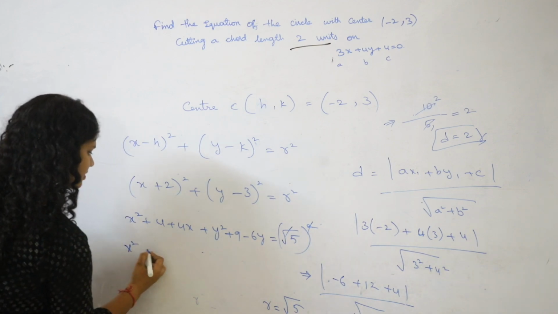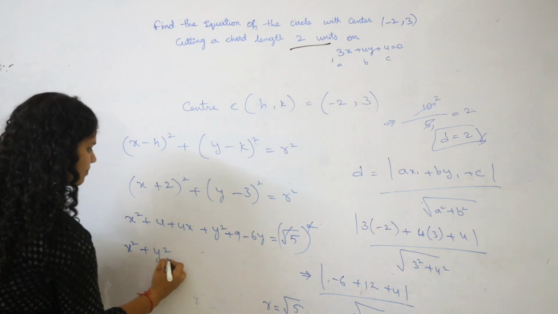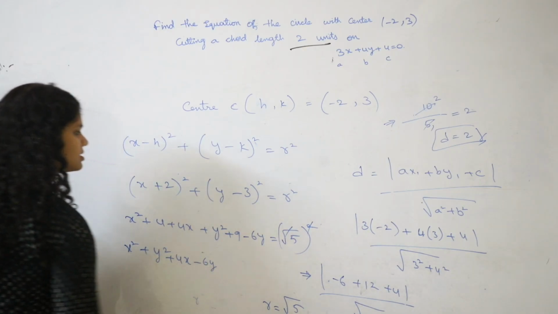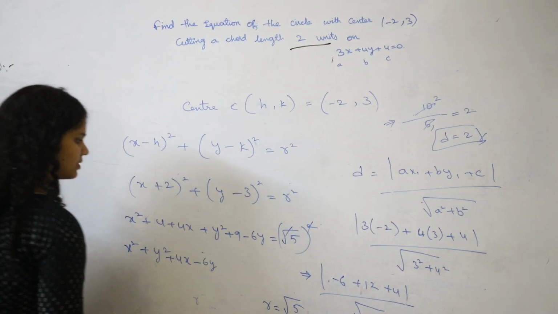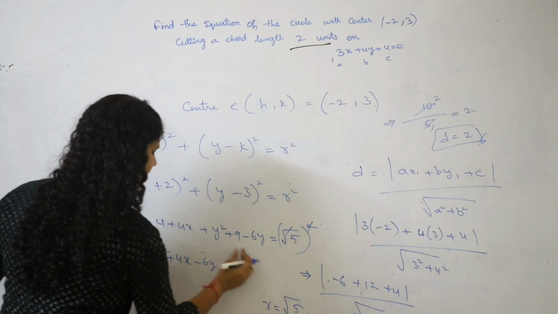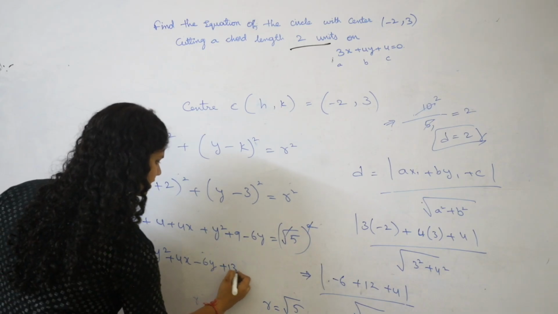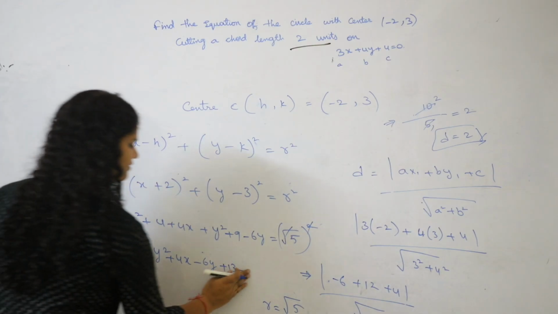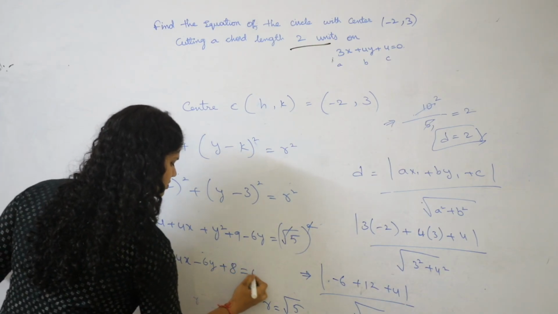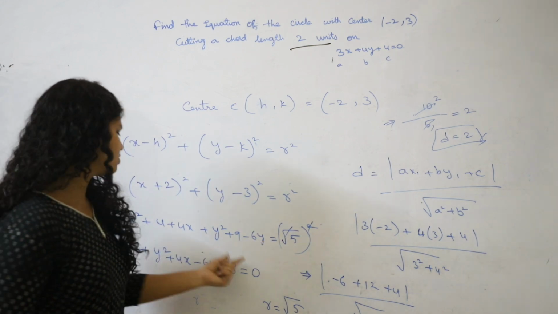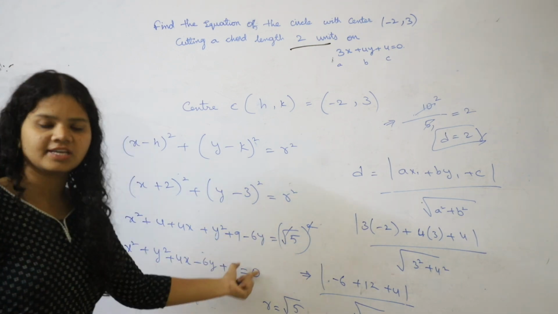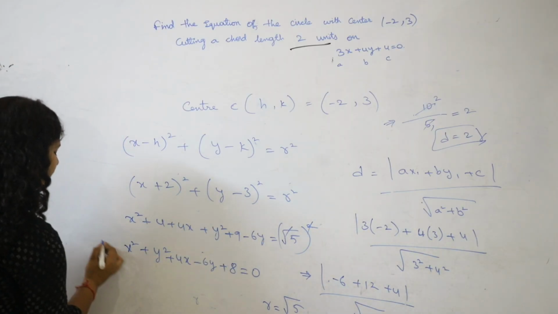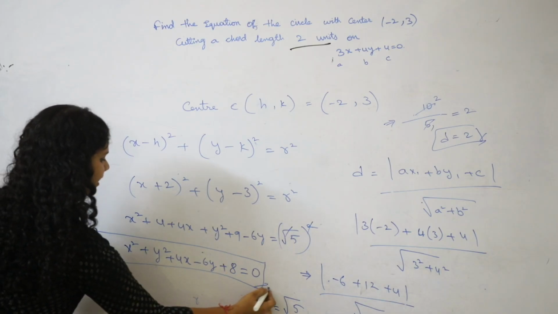Now we can list it out: x square plus y square plus 4x minus 6y, 4 plus 9 is 13. Take this 5 to the other side, so it becomes 13 minus 5, which is 8, equals 0. Therefore the equation of the circle from the given data is this.